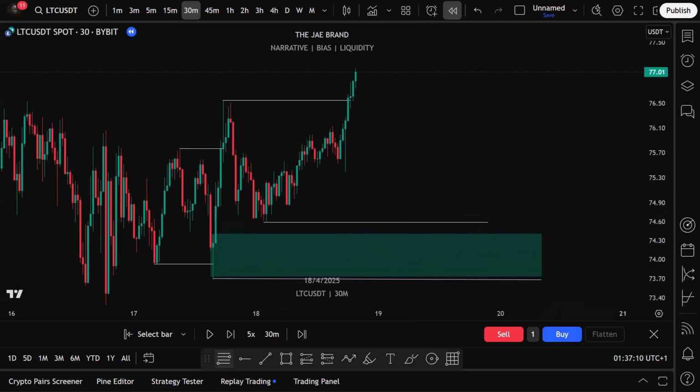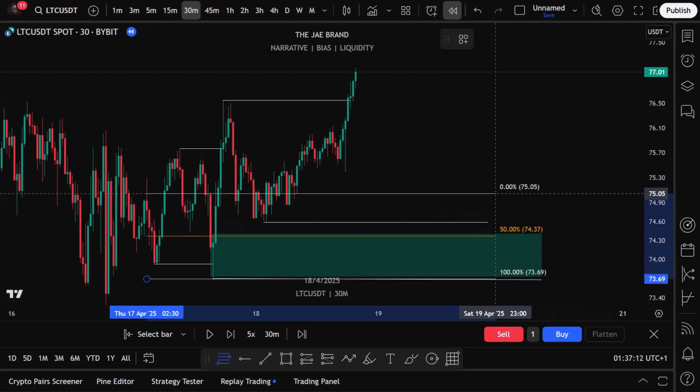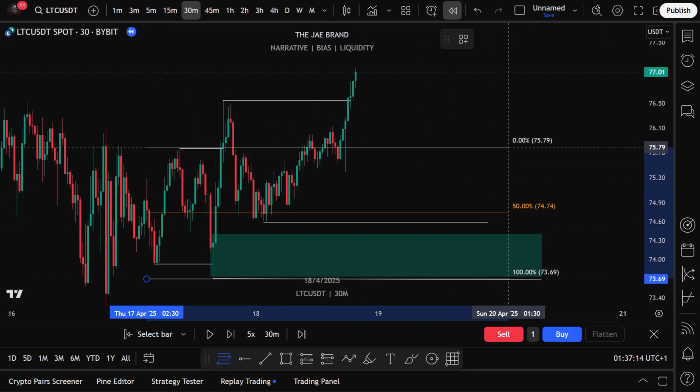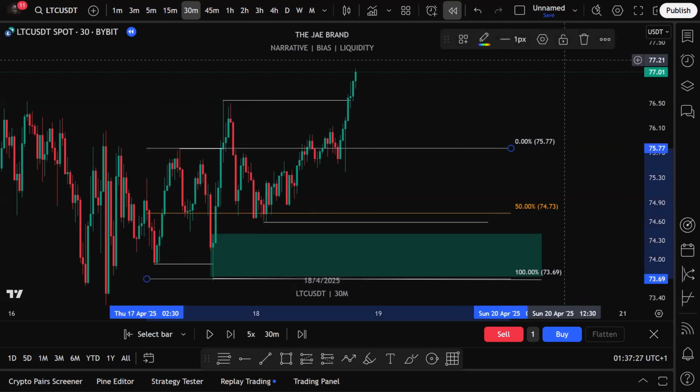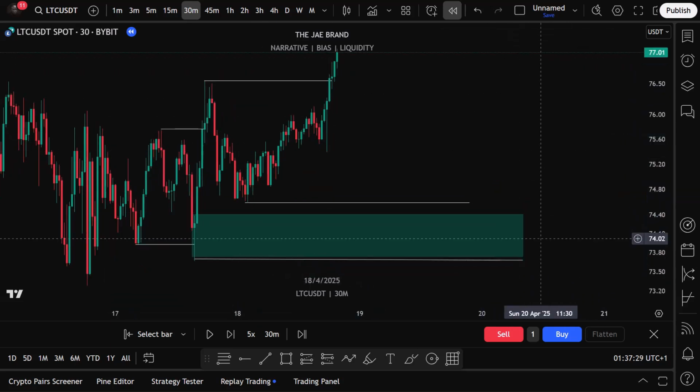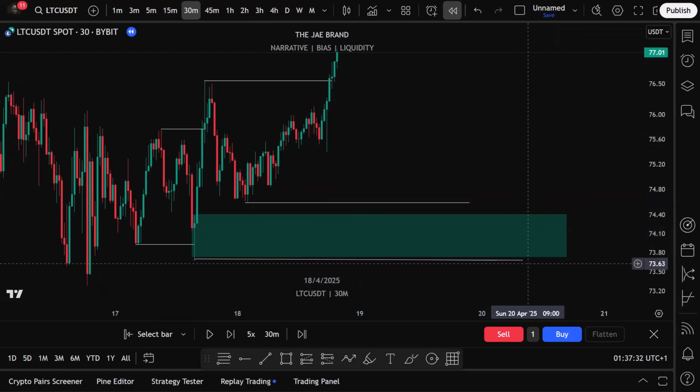Now the next step is to validate if my structural liquidity is valid or correct. You can see my structural liquidity is a little bit below the 50% fib line, inside my discount area, which makes it valid. So what am I expecting to do now?